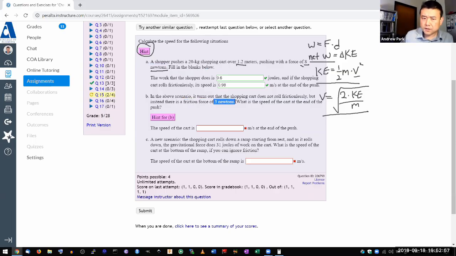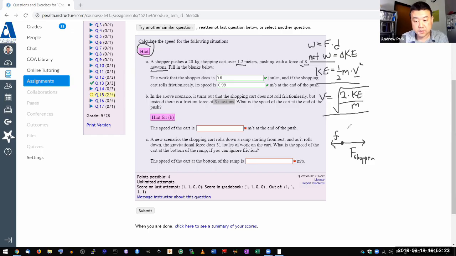So sometimes it does help to draw the force diagram here. You don't necessarily have to, but let me draw it. So what the forces on the cart look like is you have the applied force from the shopper. That's still 8 newtons, but now there will be a friction force that's going to be opposing the motion of the cart.